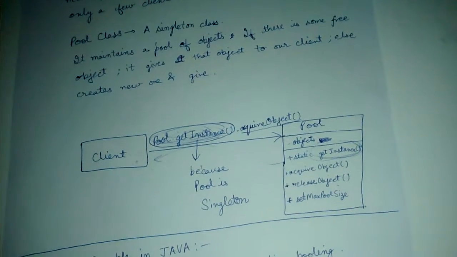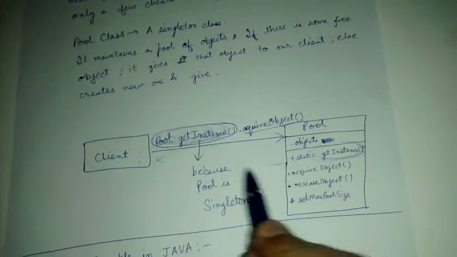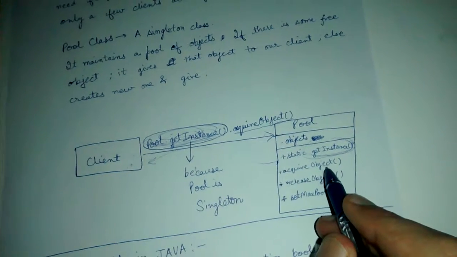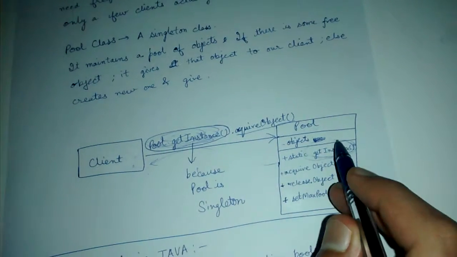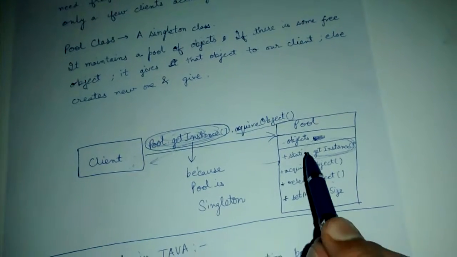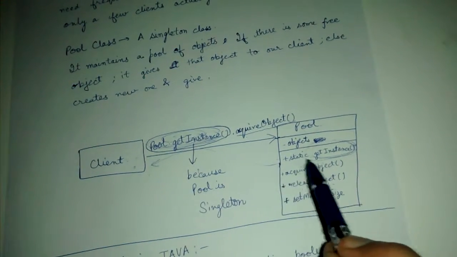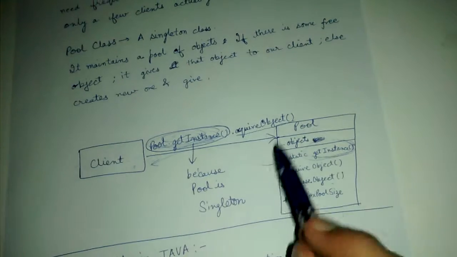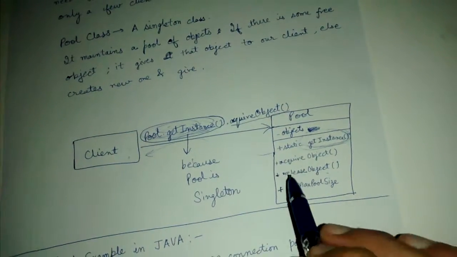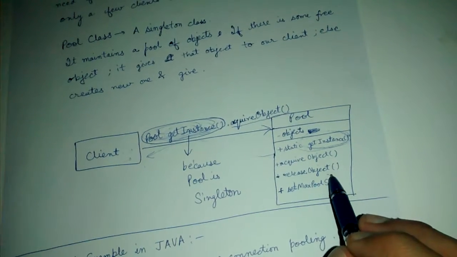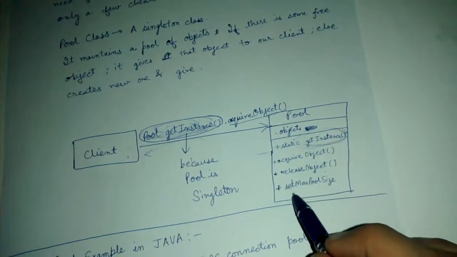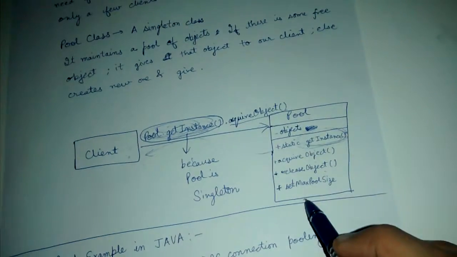If all the ready-made objects are being used by some of the clients, then the pool creates a fresh new object and then gives it to the client, right? So basically this is the object pooling thing. Whenever the client is done, it says to the pool, okay, I am done, and it calls the release object method. And we can also set a maximum pool size within our pool.